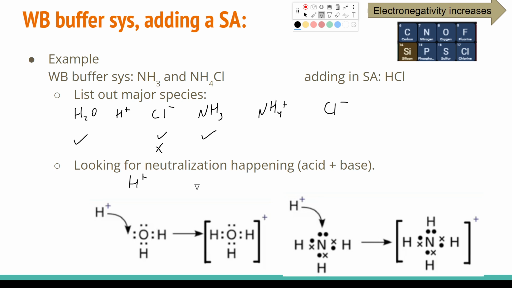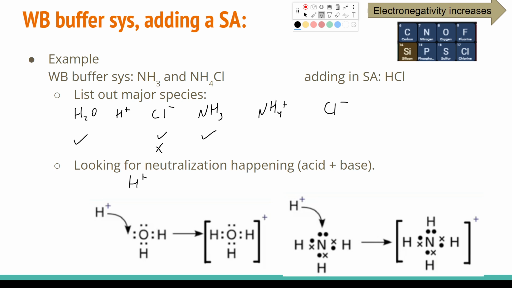Now, the reason why I'm going to pick the choice that I pick is based off electronegativity. If we're looking at water versus ammonia, there are, again, those two choices because they could both act like a base. And when I look at the Lewis diagrams for the water and the ammonia, we're looking at the central atom mainly.